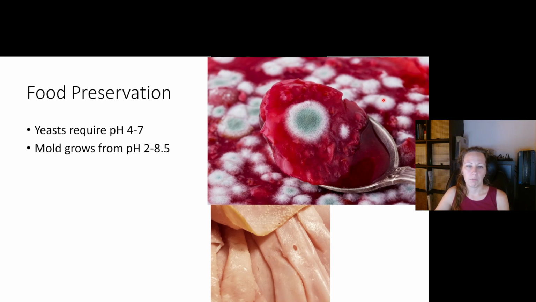But mold doesn't need a high water activity, and it doesn't need a neutral pH. And so even though that jelly is a fairly low pH, mold is perfectly happy to grow on it. So if you get mold in your jelly, it's going to grow.